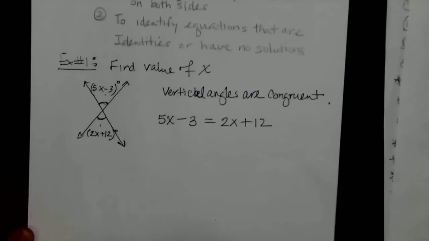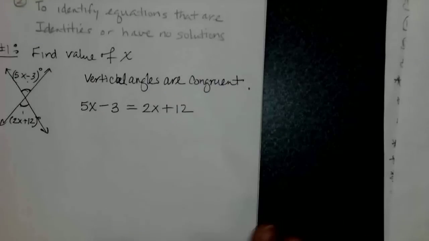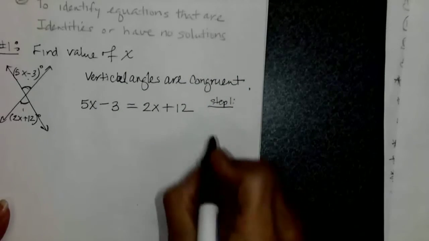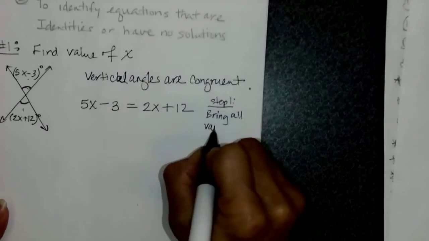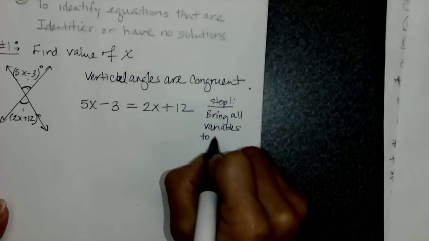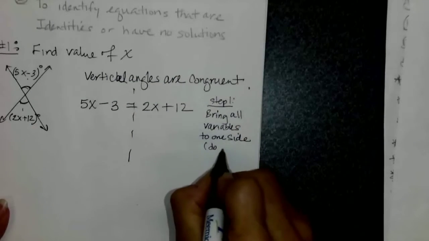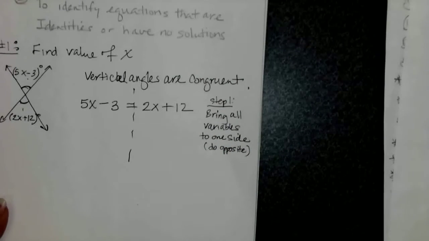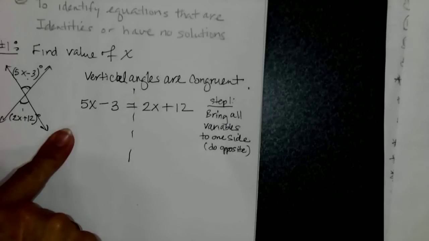All right, so if you notice, we have variables on both sides. So step 1: bring all variables to one side. But to go from one side of the equal sign to the other side, you have to do the opposite. What I like to do is take the smaller x value and bring it over to the bigger x side.